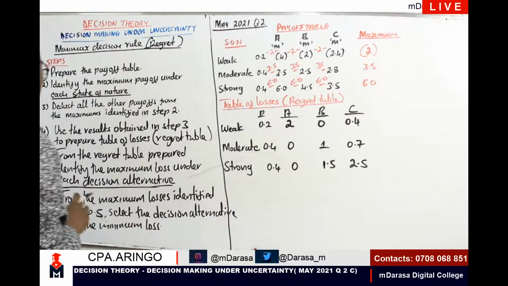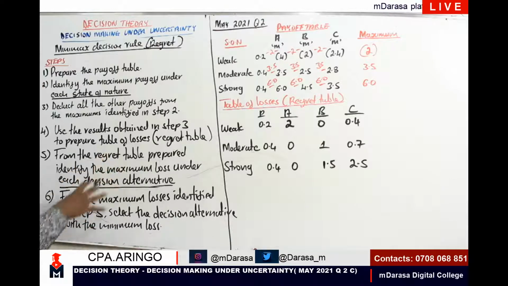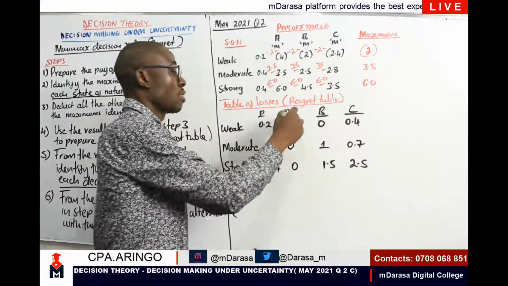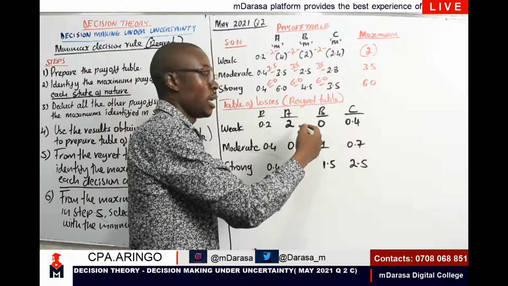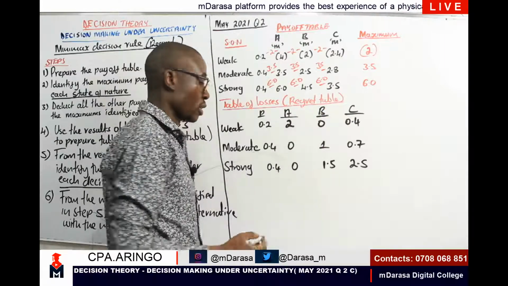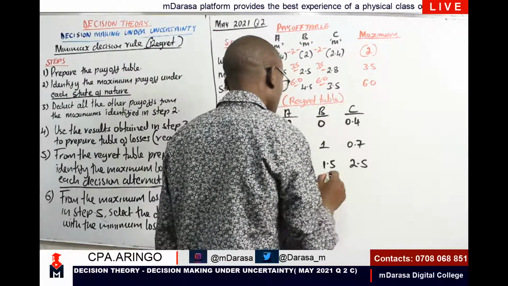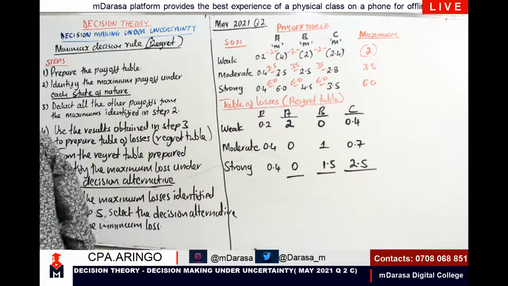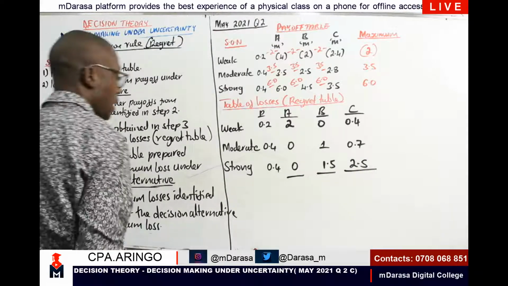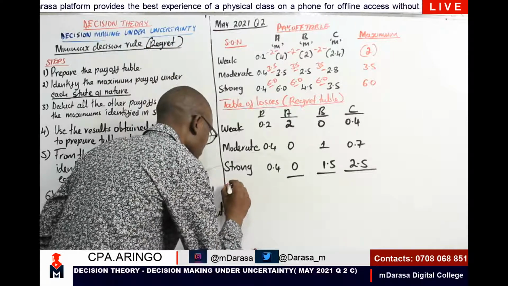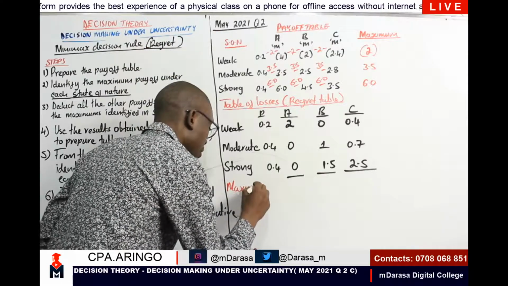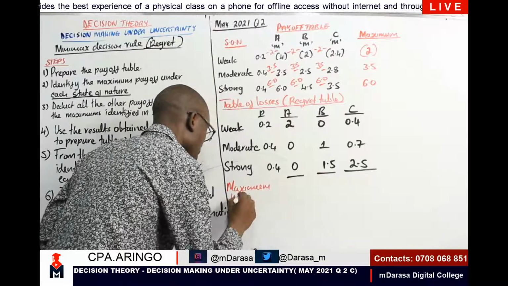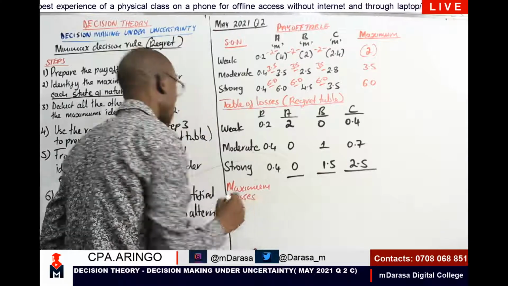Step number 5: from the regret table prepared, identify the maximum loss under each decision alternative. Remember, you can either invest in A, B, or C. That is our decision alternatives. So we identify the maximum losses that we can have under each decision alternative.